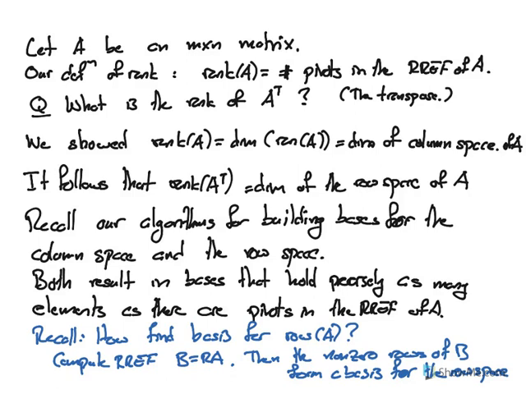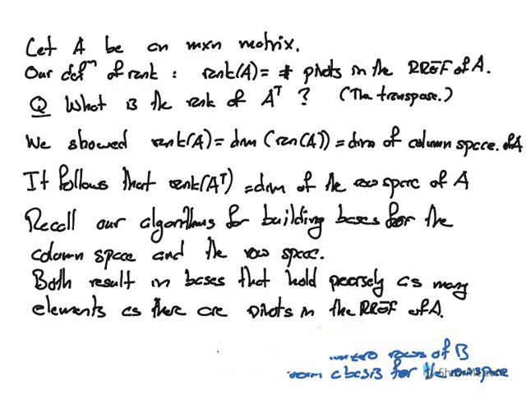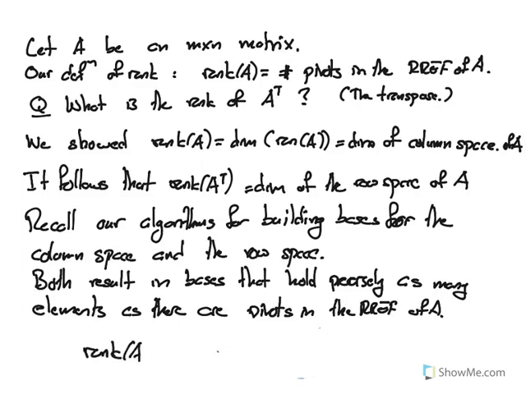So now that we remember that, let's write down the final result of this slide and of this lecture, which is that the rank of A is equal to the rank of A transpose.